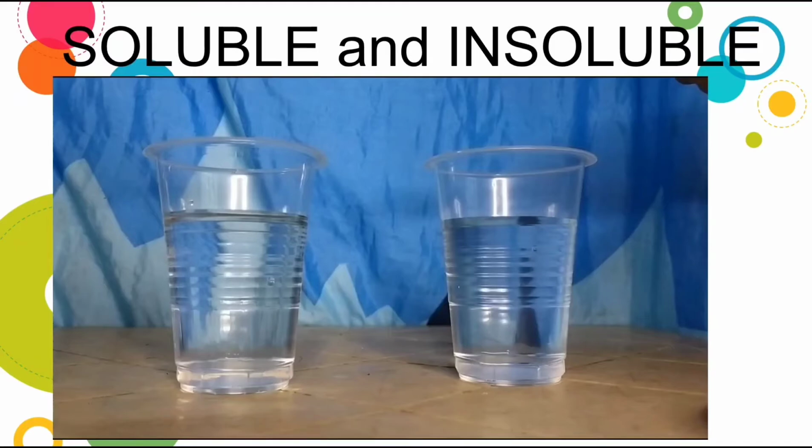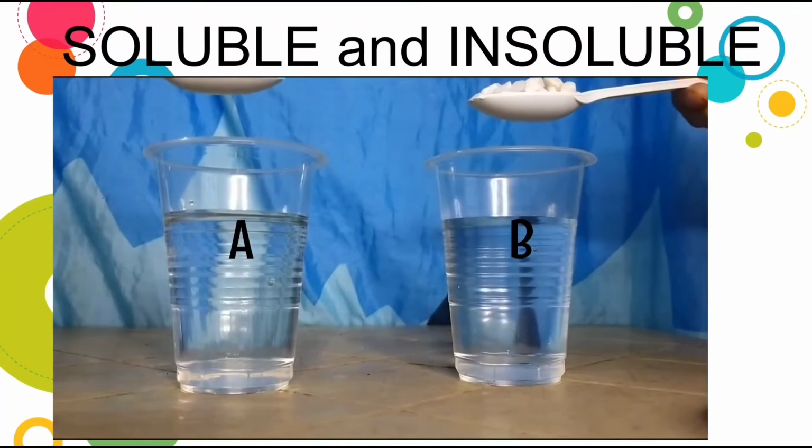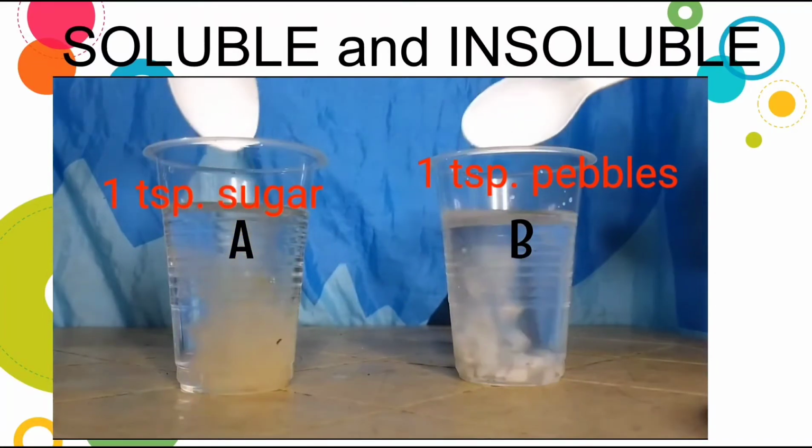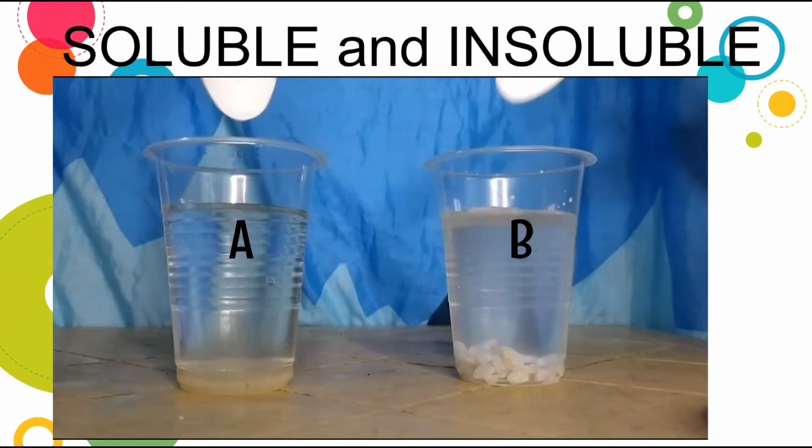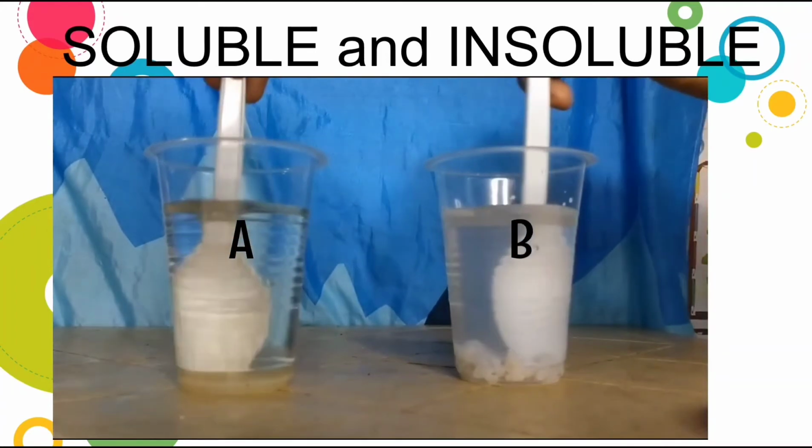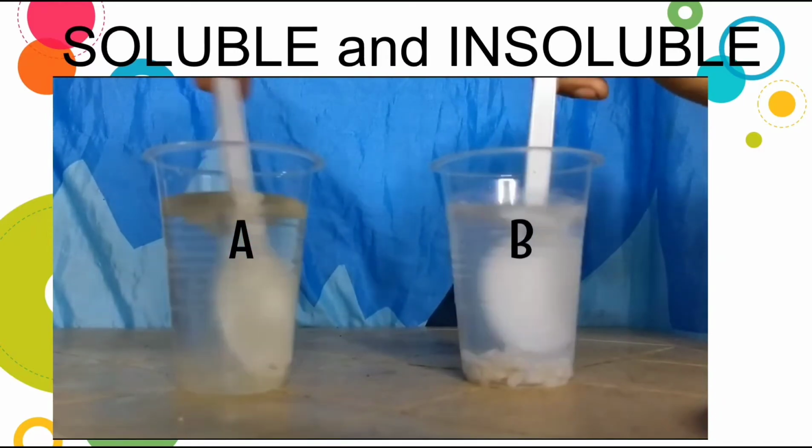For solid substances, let's study the difference between soluble and insoluble. For instance, glass A and glass B contain the same amount of tap water. In glass A, we put 1 teaspoon of sugar, while in glass B, 1 teaspoon of pebbles was added. Stirring both mixtures, observe what happened.